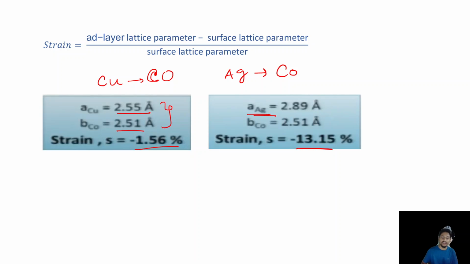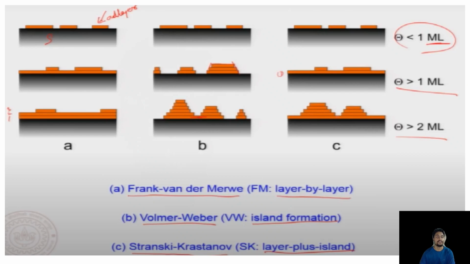For strain, how to measure it, and what are the implications of strain on surface growth. Normally these three kinds of surface growth are shown: Frank-van der Merwe, which is layer by layer, Volmer-Weber, which is island formation, and Stranski-Krastanov, which is both layer by layer as well as island formation. At very low coverage, all the growths look similar.